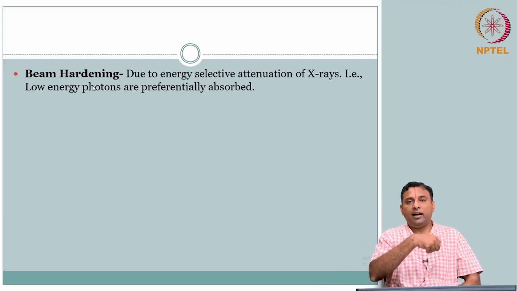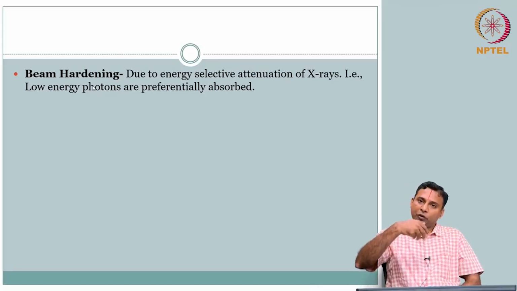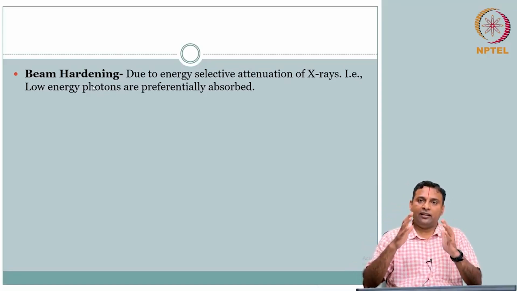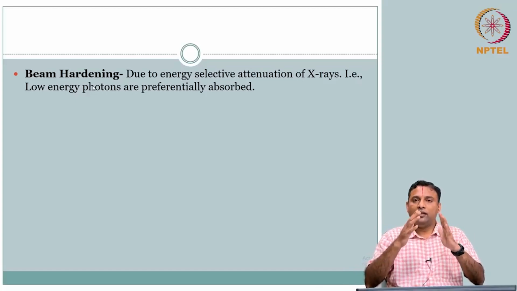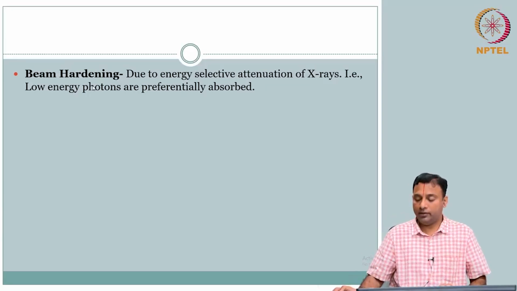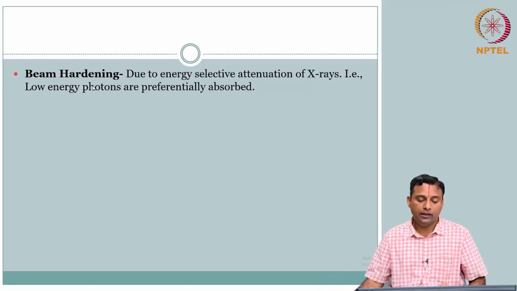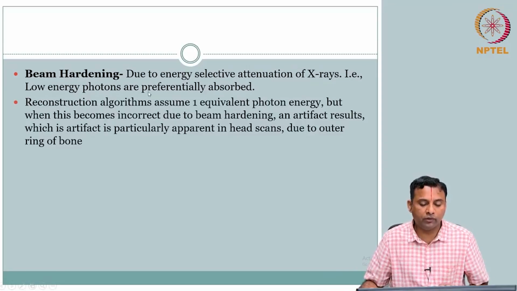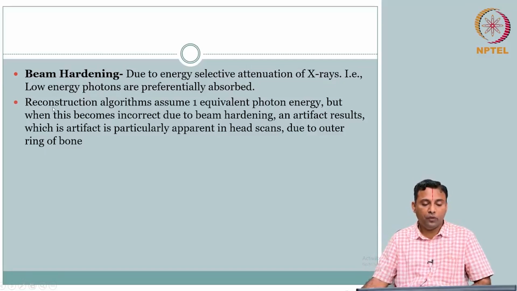What enters is already a hardened beam, but due to the interaction, energy is lost. If you have a strong attenuator in the path, those locations can show an attenuated effect, preferentially absorbing certain energies, that we know. This could come back into the image. The reconstruction algorithm assumes monoenergetic, but when the effect of beam hardening shows up, an artifact results.